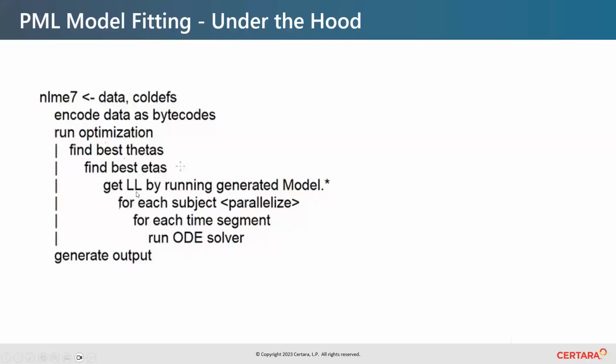So what happens is that the PML model is translated into C, and it becomes a dynamically linked library. And NLME7 loads that dynamically linked library, so it's as fast as possible. For that, we go through each subject, and we can parallelize over subjects, which again, we can thank Bob for, to get maximum performance.